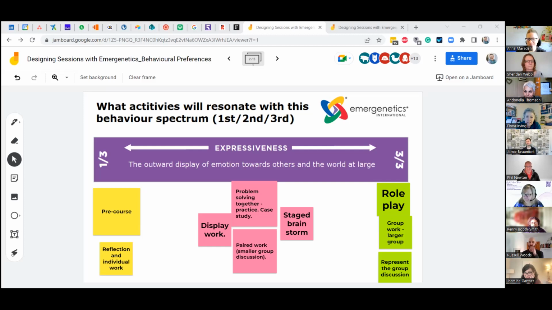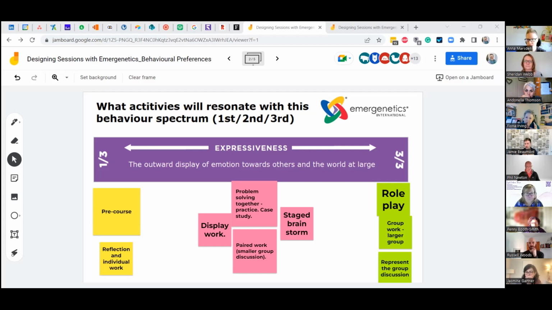Yeah, it's Fiona here. It's almost like moving from the left to the right gently. So you might go from the individual reflection into maybe paired work, or working in smaller groups over a case study that then gets discussed with the whole group and maybe even enacted in some way if it's a skills thing. So you go from group thinking to actually doing.